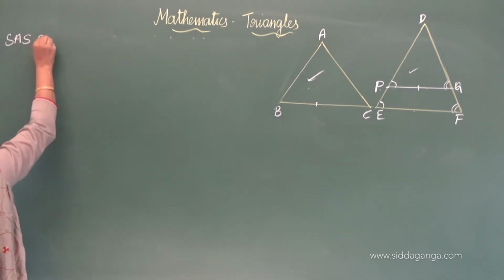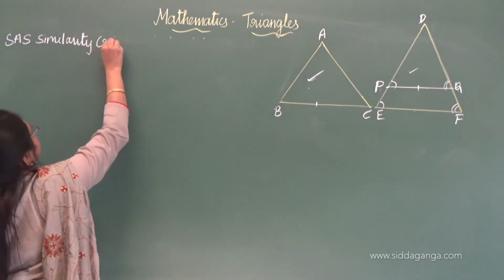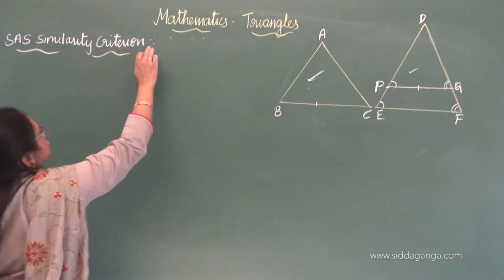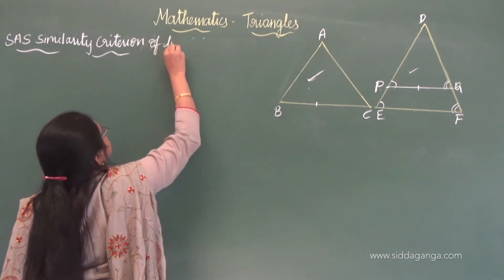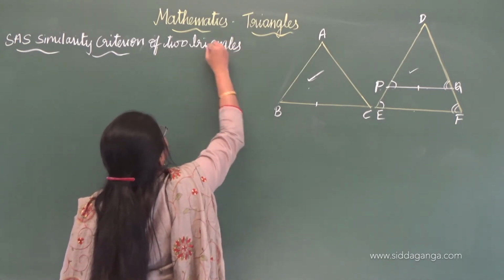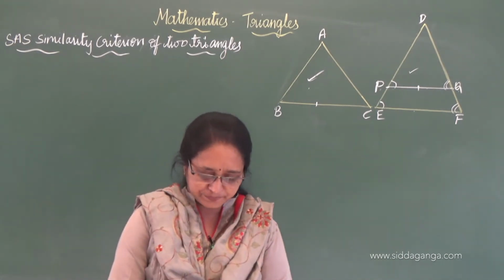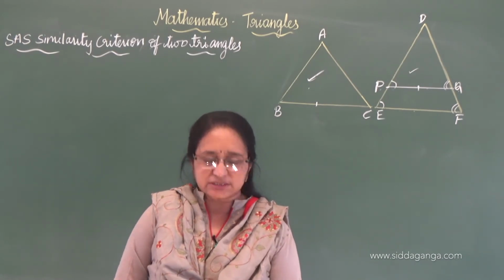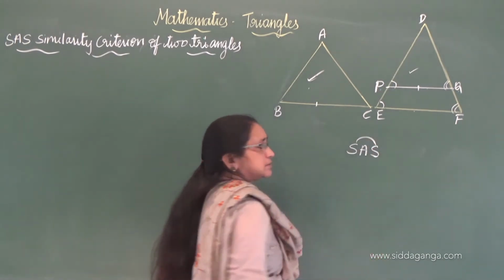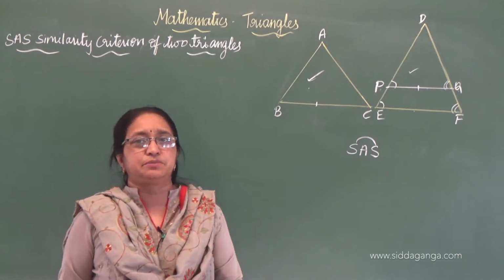SAS similarity criterion of two triangles. Okay, now let me read the statement of SAS. SAS means, you know, two sides are proportional, and one angle, included angle should be equal.